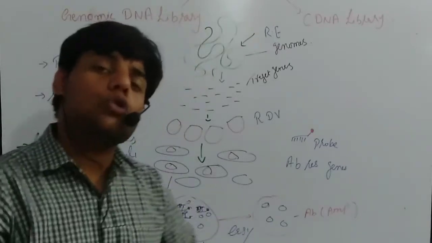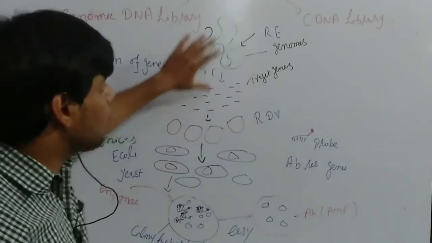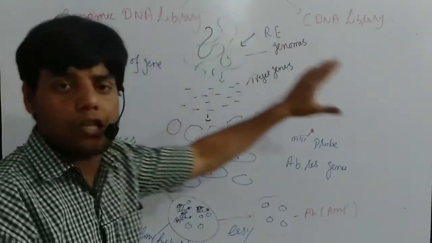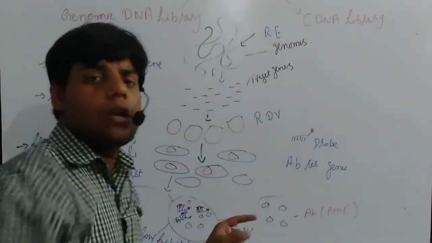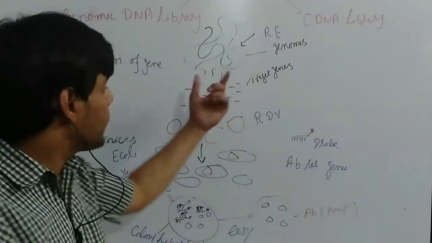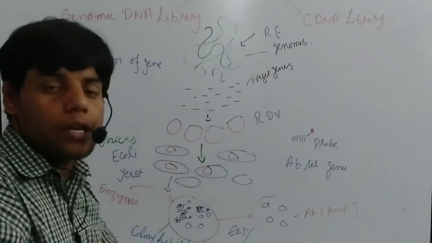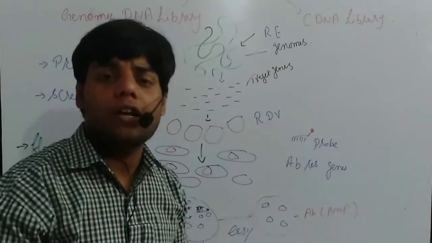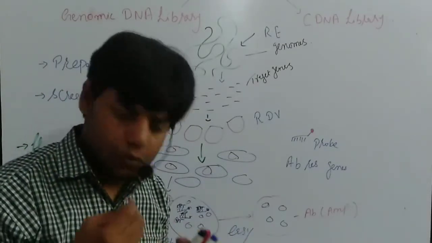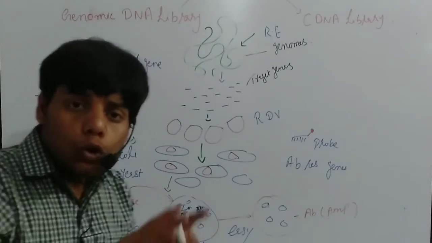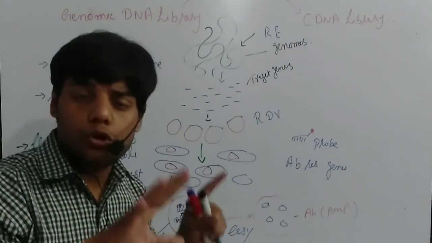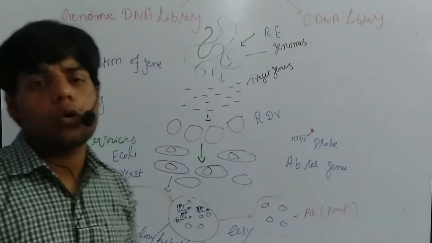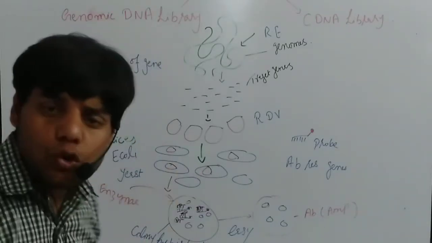You do not repeat the same steps again, where you select the cell, separate the genome, and do the same steps again and again. In that way you can face difficulties and more problems. So to reduce these difficulties, you already make the genomic DNA library.